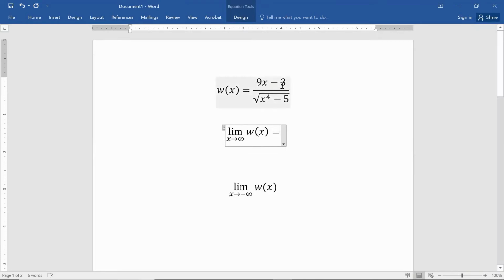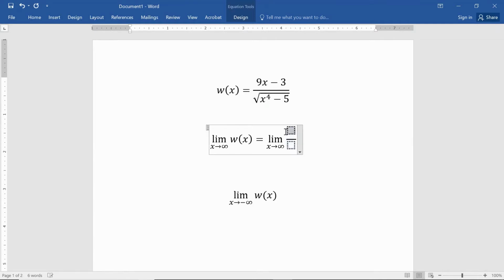If you look at the growth rate on the top as x goes to infinity, the top is dominated by the 9x portion of the 9x minus 3. As we look at growth rates, we look at the fastest part of the growth on top, that's 9x.